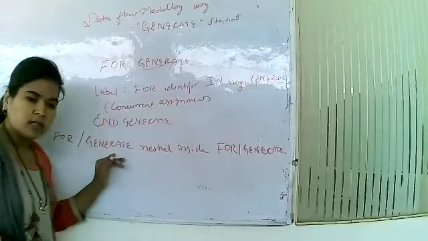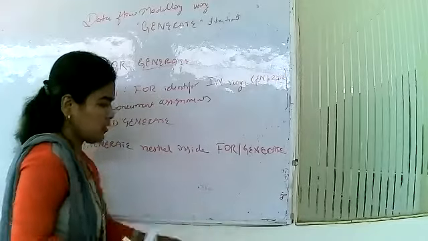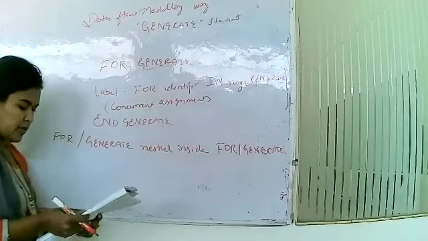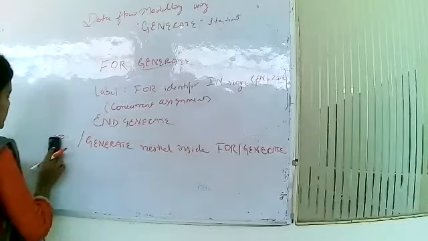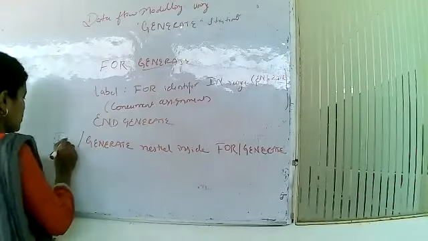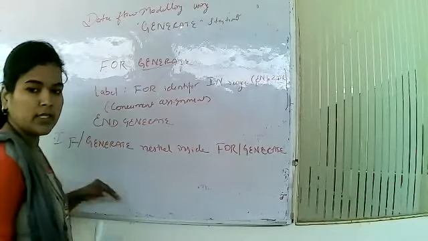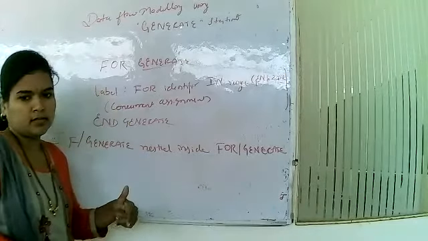And the next one is for generate nested inside... sorry, it is if generate. See, if means we are having two options: if it is this, otherwise it is like this.